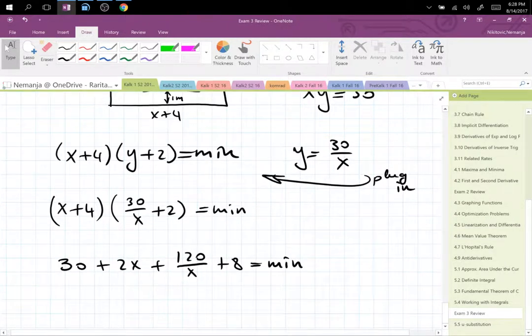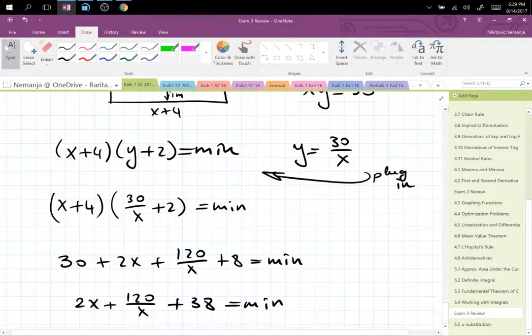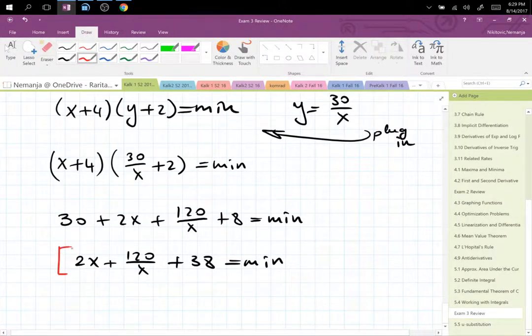The whole problem now is 2x plus 120 over x plus 38 equals a minimum, and now you can hit it with a derivative because you have only one variable. It's simplified, and you have only one variable in there. So that's 2 minus 120 over x squared equals 0, because you copy the 120, and the derivative of x to the minus 1 is minus x to the minus 2.